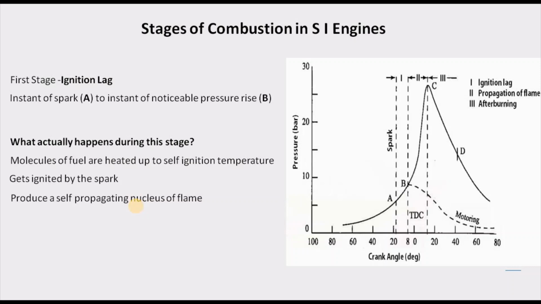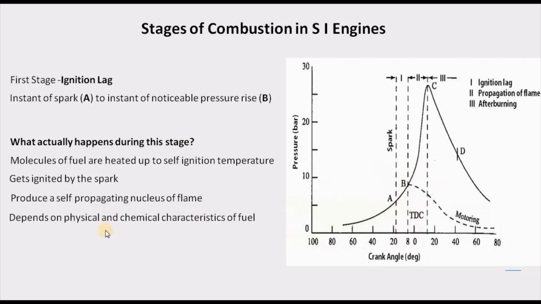In the region around the spark, the fuel is able to burn, and this is converted into a nucleus, and this nucleus is going to slowly grow and get converted into a flame, and the amount of time required for the nucleus to become a full-fledged flame depends on so many things.